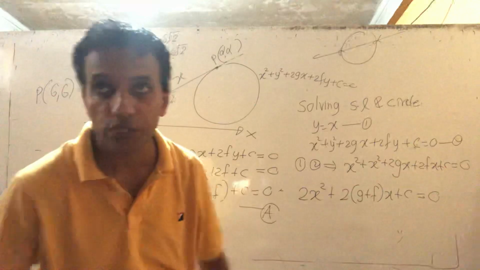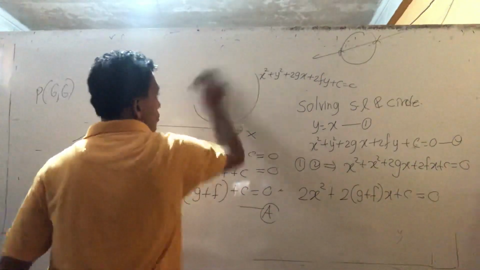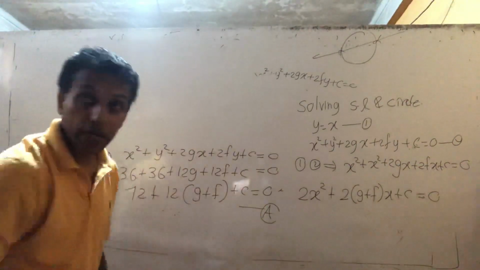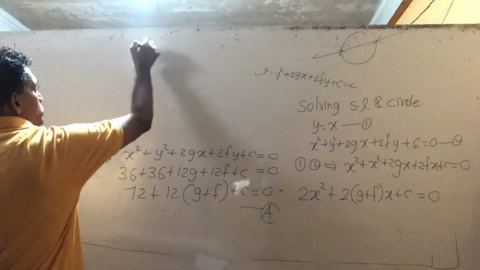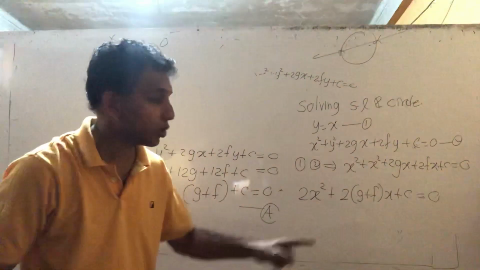Therefore delta equal to 0. I'll put delta 0: delta b square minus 4ac equal to 0. What is it?